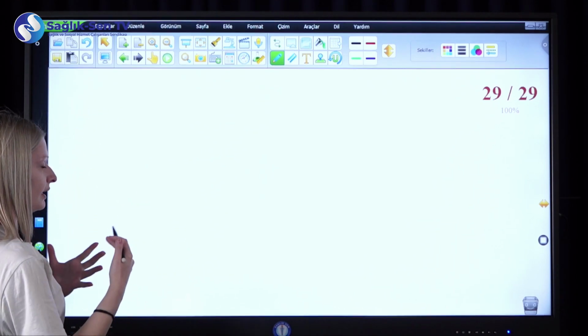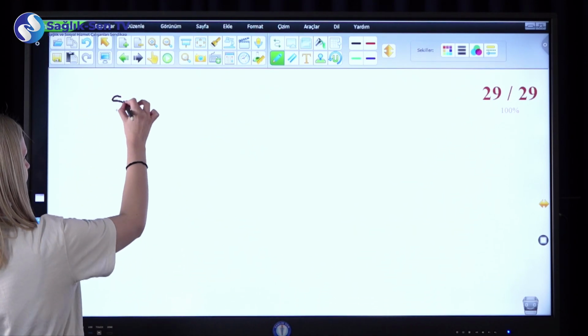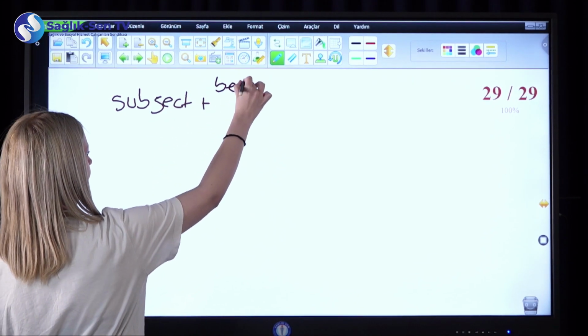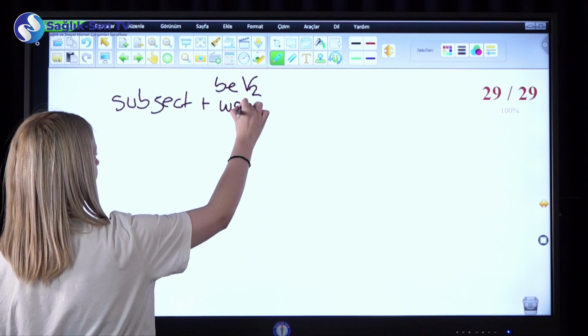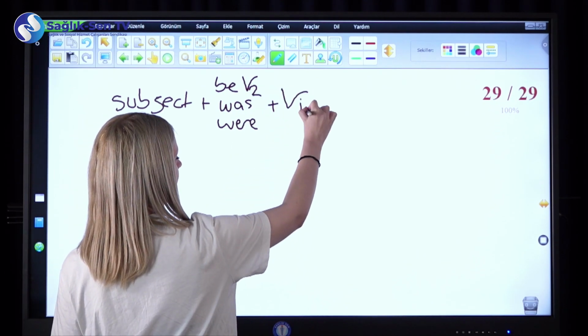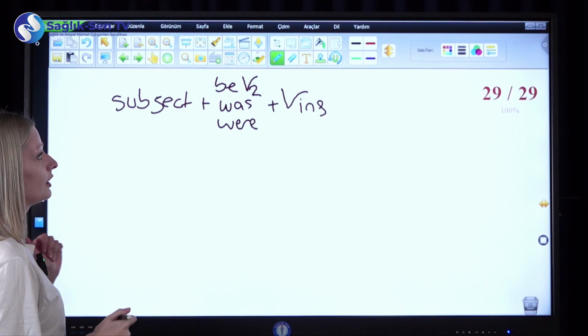How do we make our sentences? After our subject, we use the be verb in its past form, which is was, were, and then we add ing at the end of our verb.